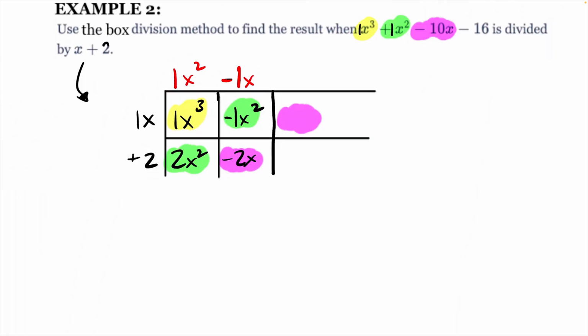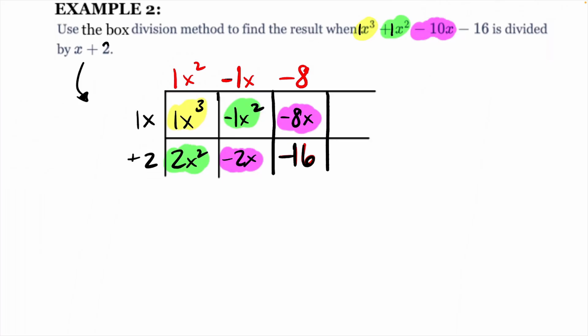So it's going to be negative 8x. Or 1x times what makes negative 8x? Negative 8. Negative 8 times 2, negative 16, right? Why did I write that color?